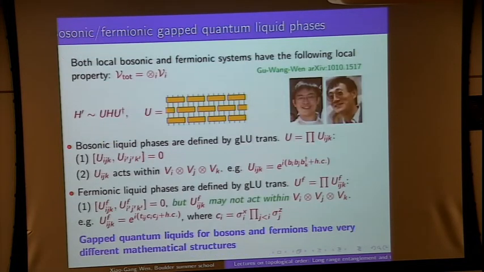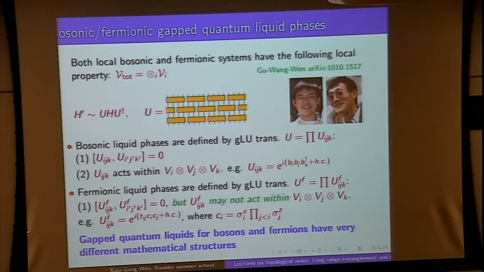And then there's the fermion. So far, what we considered here really only applies to boson systems. You may ask why, since what you say seems very general, why your definition only applies to boson systems. The reason is that the definition of the local unitary operator is different.